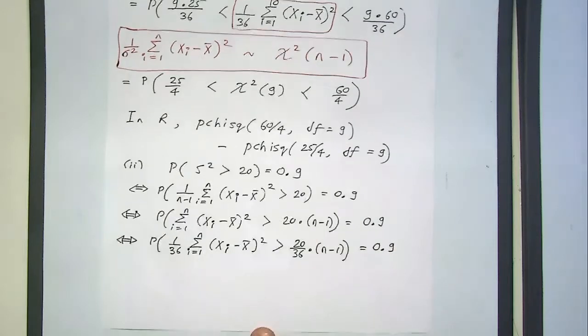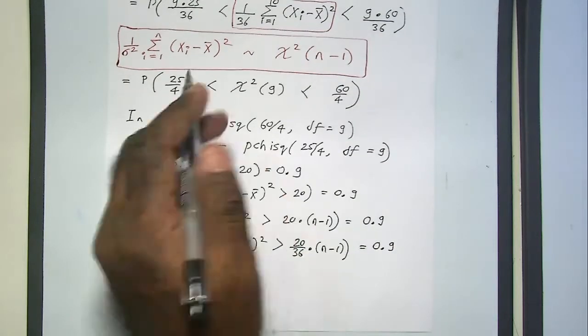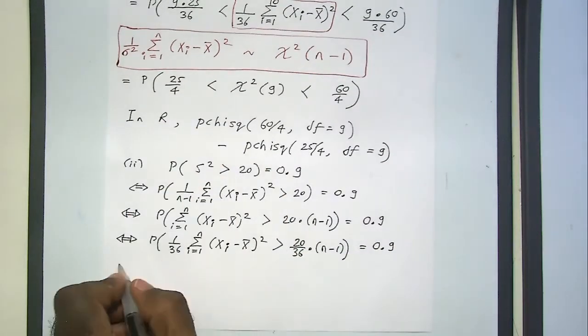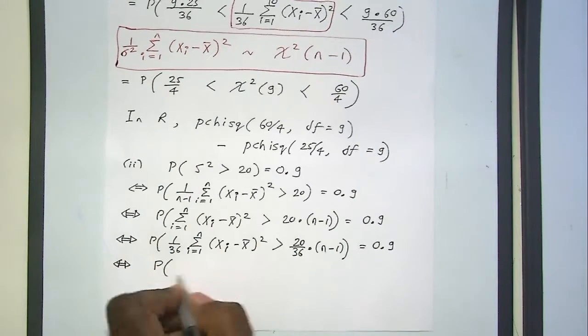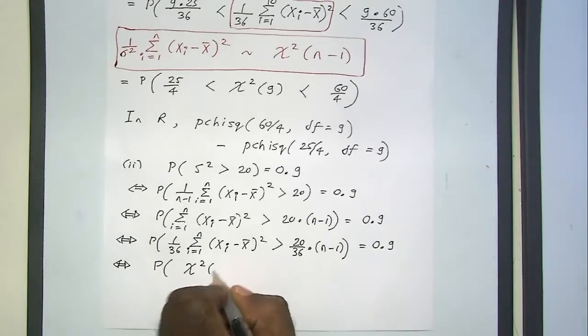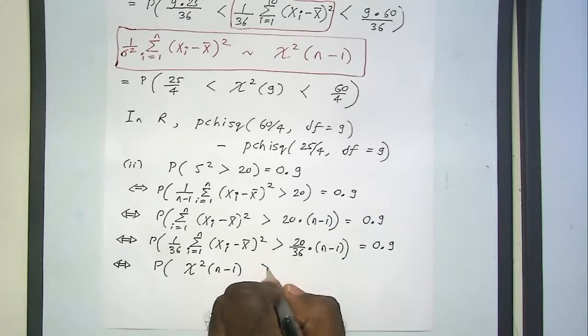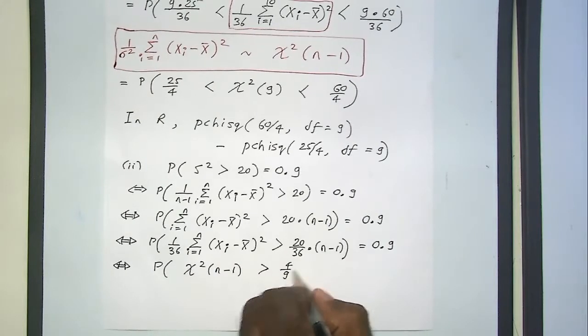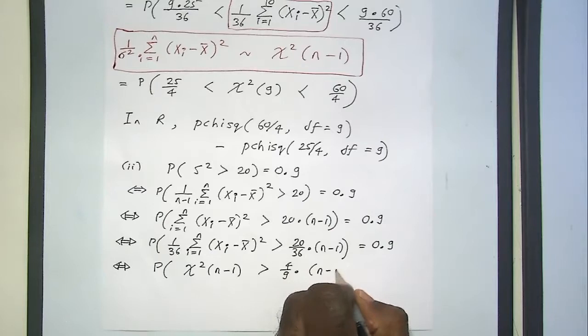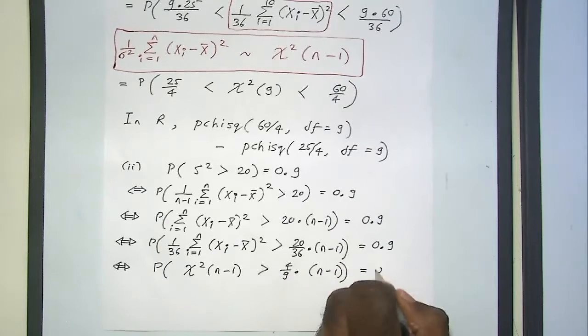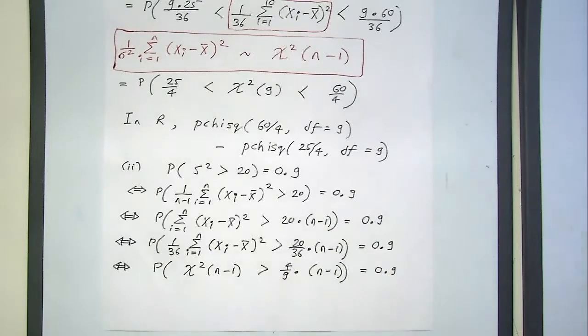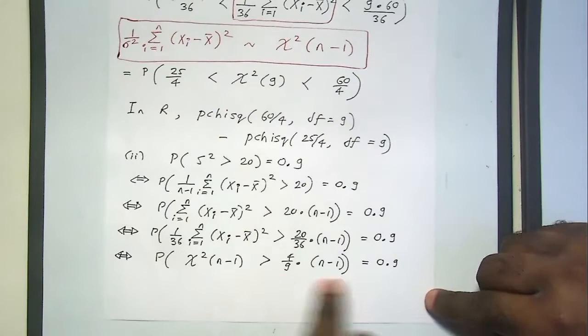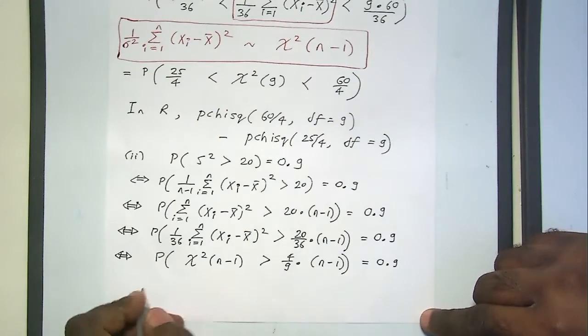Now by the same result that I just mentioned, what you have is the probability that a chi-squared variable with n minus 1 degrees of freedom is greater than this. And the question is to find n. So obviously you need to solve this equation for n.